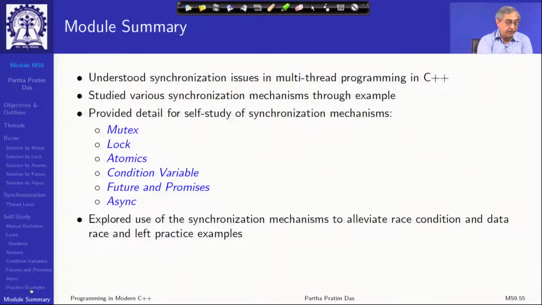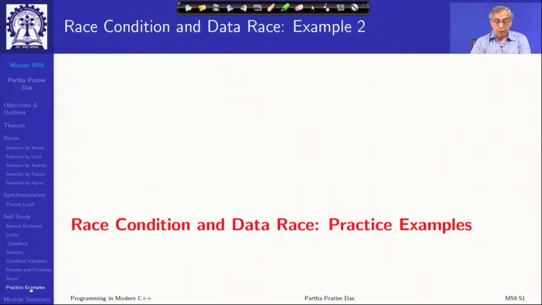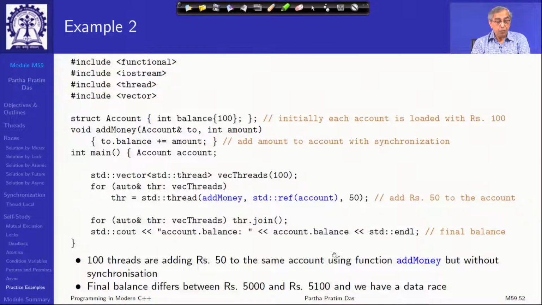And then we have two more examples, one in which there is an account to which multiple threads are adding an amount. Now, the same synchronization problem will arise, because multiple threads are actually updating that account.